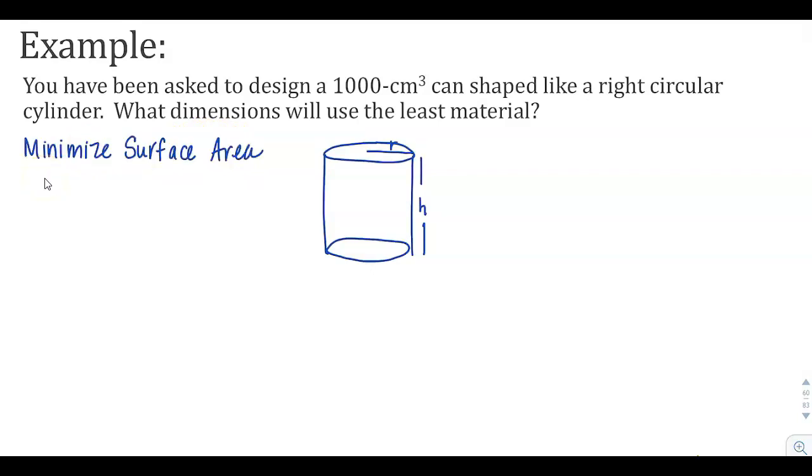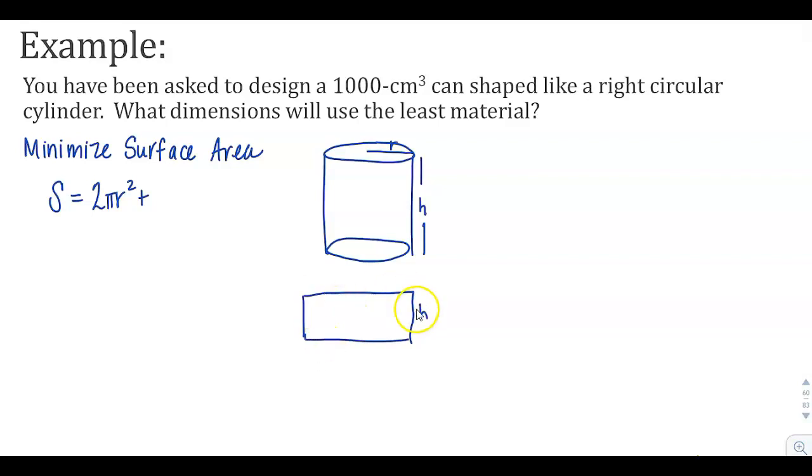So the surface area, I'm going to call S for surface area. I have to write an equation that represents the surface area of this right circular cylinder. So the top and the bottom are both circles, so the area of a circle is pi r squared, but there's a top and a bottom, so 2 pi r squared, plus the surface area is the entire can all the way around. So if I cut the can down the side and unraveled it, it would look like a rectangle.